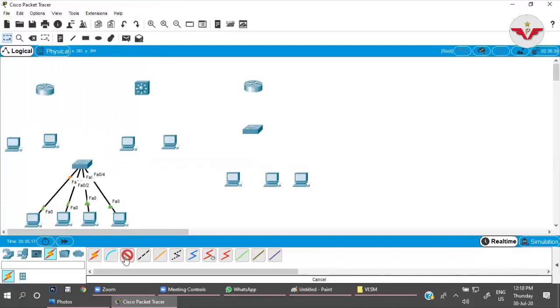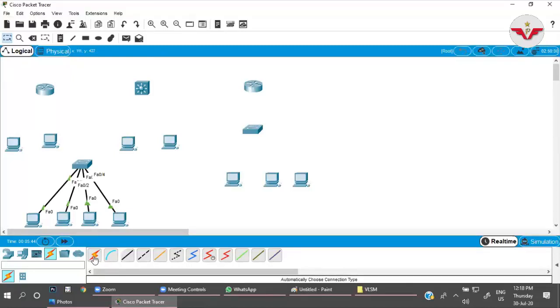I told you that you can simply click that first cable, and it will automatically do it. You don't need to choose the straight cable or crossover cable. Yes, that is okay, but just for understanding, you have to know which cable you are using.